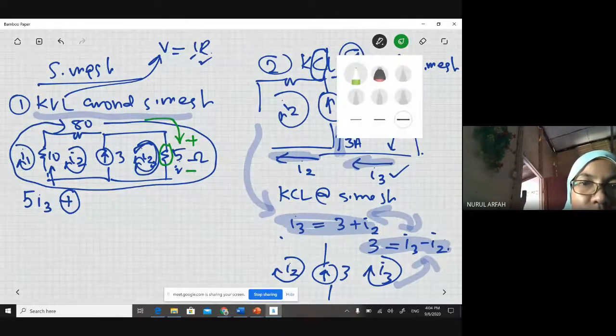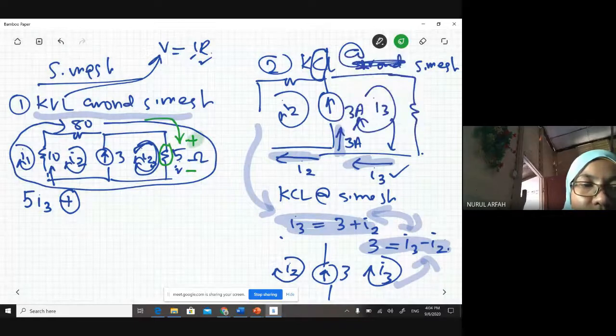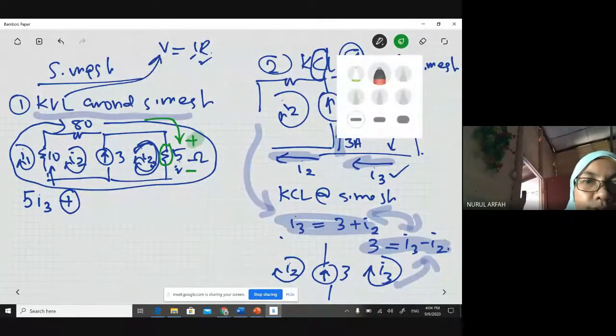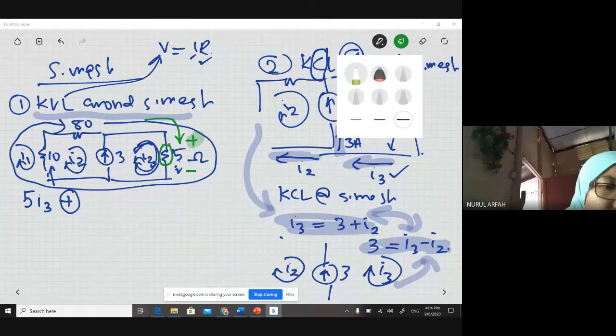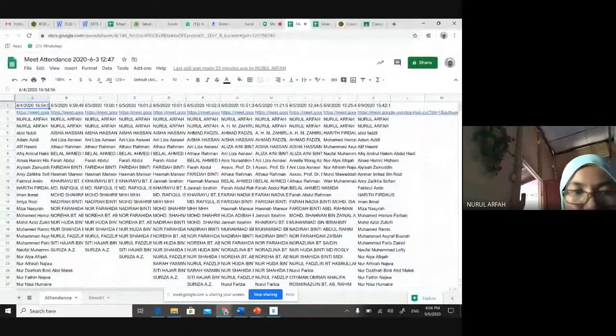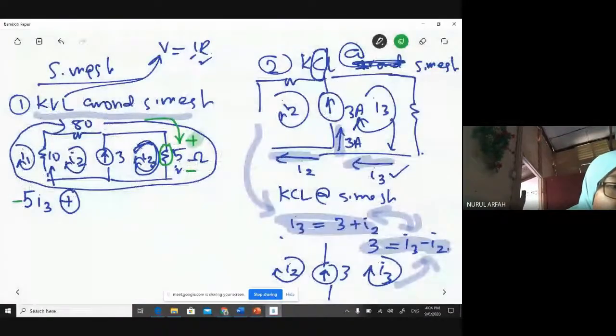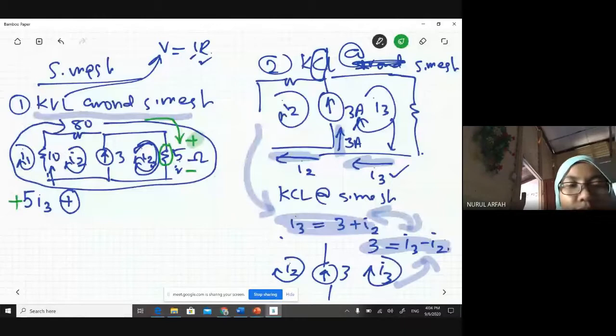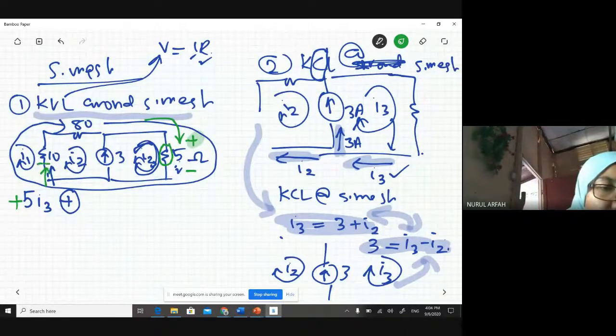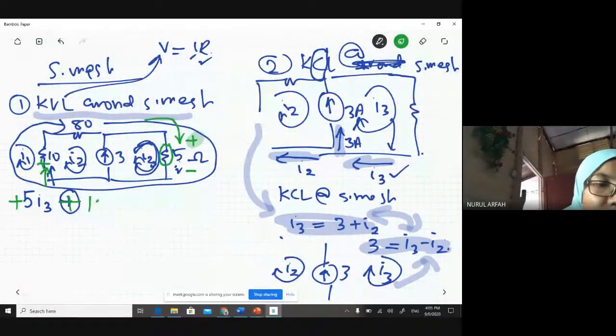So over here you have a plus, and then over here you're going to enter a passive element, so plus, and then you have 10 into I2 minus I1.